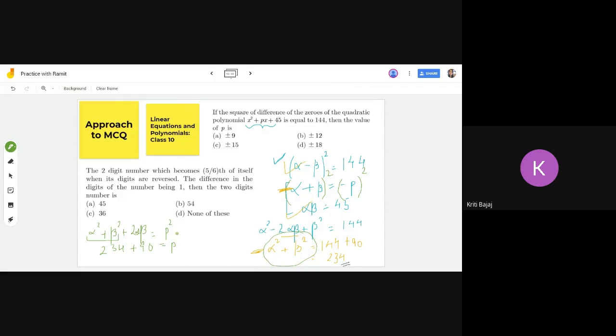Now, tell me what is the value of p, and quickly tick the correct answer in the MCQ. 234 plus 90 is 324. That is p square. So p is actually plus minus 18, because we'll take the square root of 324.